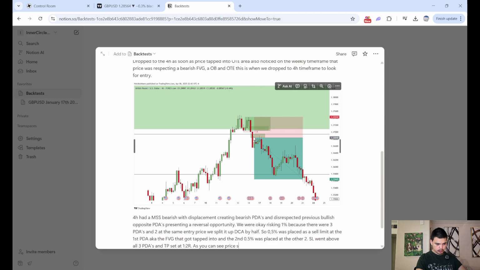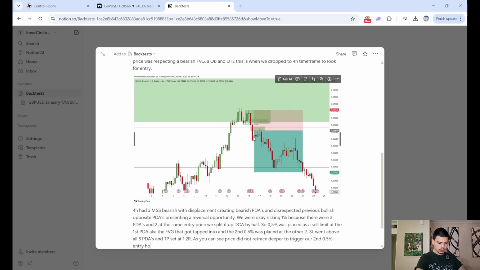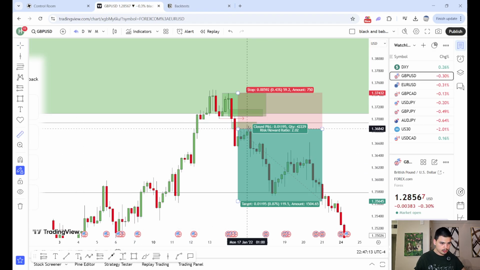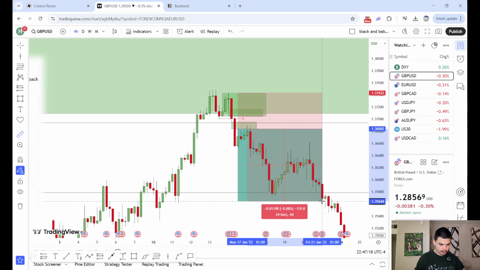As you can see, price did not retrace deeper to trigger our second 0.5% entry. However, it did hit take profit at 2R. And how long did it take? Let's see. We want to know that too. So from here, boom, and it hit take profit on this candle here.